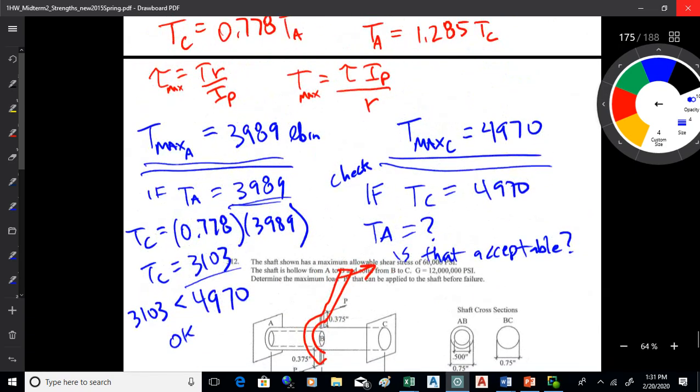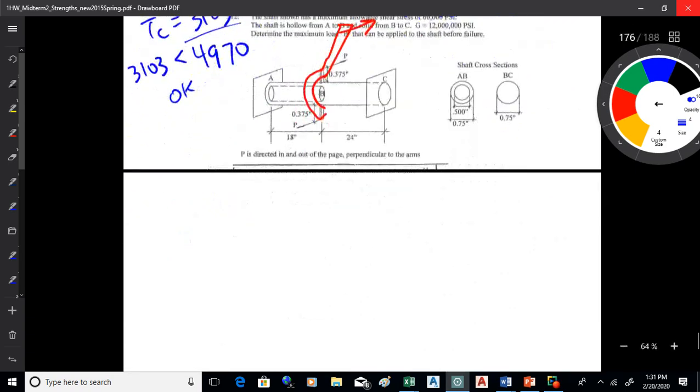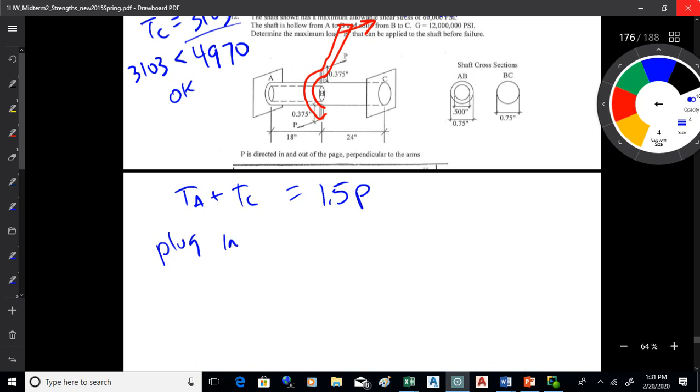Y'all okay with that? All right, so now what you know is that T_A plus T_C are equal to 1.5 P. So you can plug in the acceptable T_A and T_C.